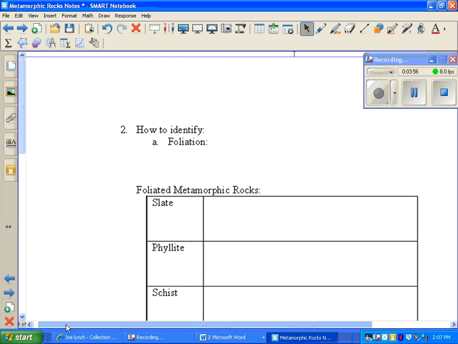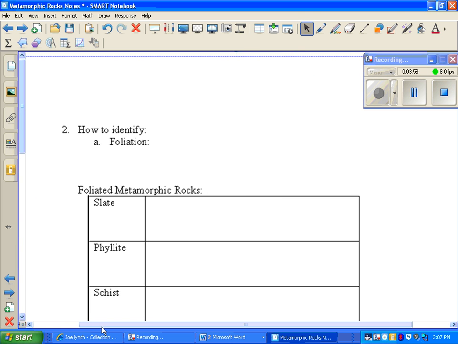Top of the next page, we're going to talk about identifying different metamorphic rocks. And the first thing we're going to look for is foliation, or if it's foliated. Foliation is when the minerals begin to line up in layers or bands.